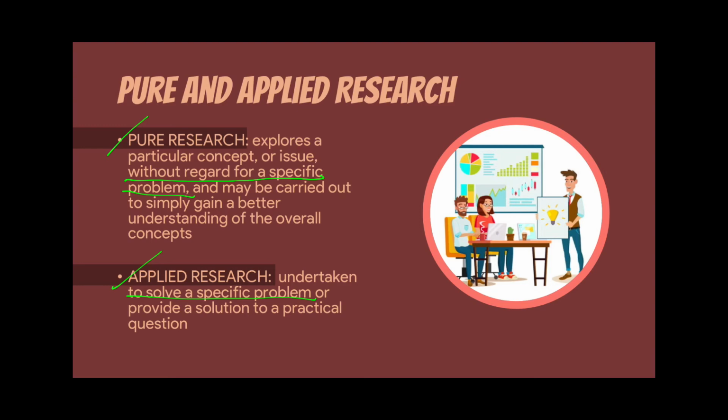But for applied research, for example, the effectiveness of a seminar series to increase the sports profession aspiration of student athletes. This one has an actual program that you are testing for a practical reason, to see whether or not it will really improve the aspirations towards a sports career. So that's the difference between pure and applied research.